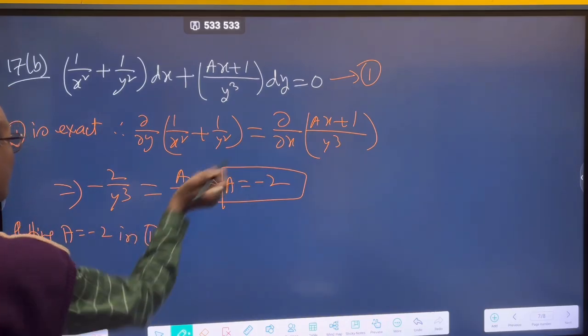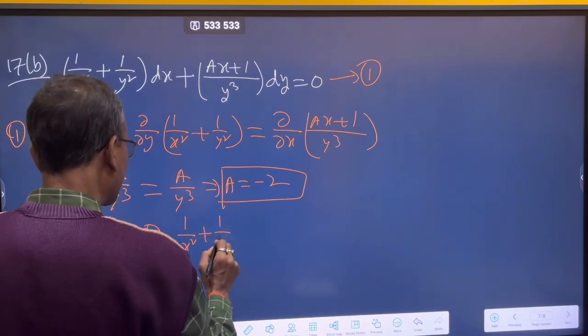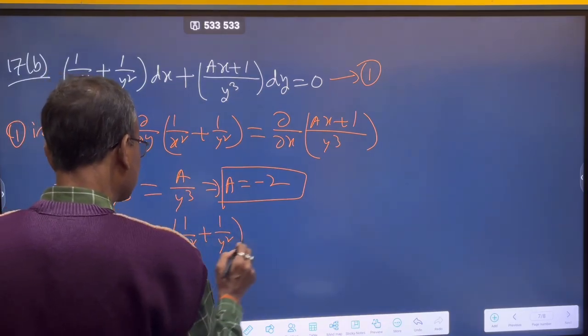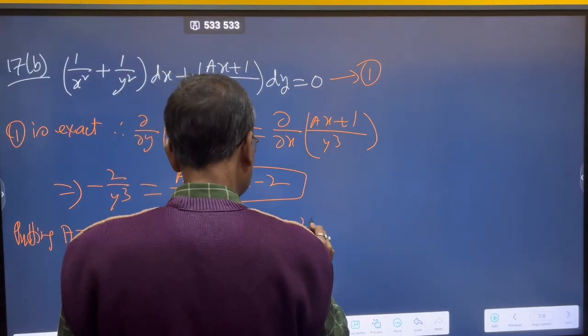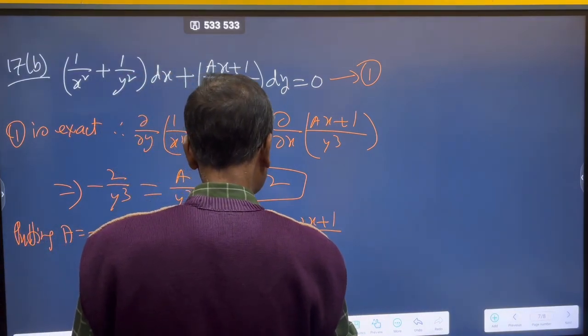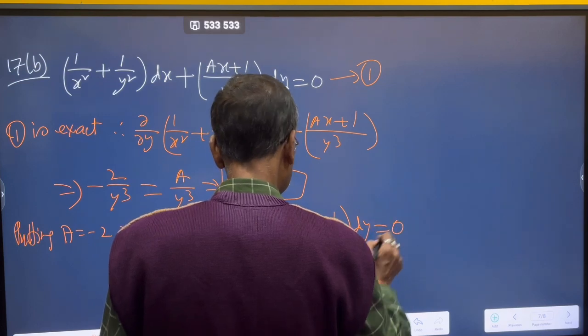Minus 2 in 1. (1/x² + 1/y²) dx + (−2x + 1/y³) dy = 0.